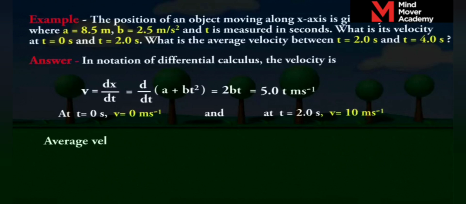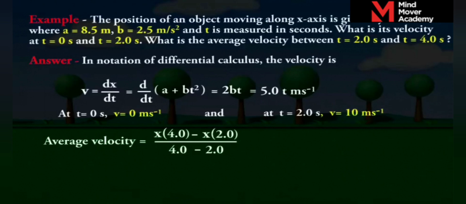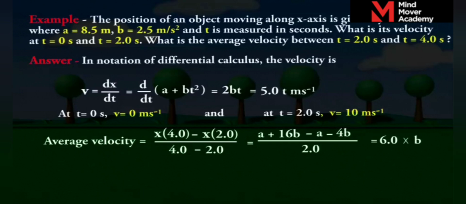Average velocity = [x(4.0) − x(2.0)] / (4.0 − 2.0) = (a + 16b − a − 4b) / 2.0 = 6.0 × b = 6.0 × 2.5 = 15 m/s.